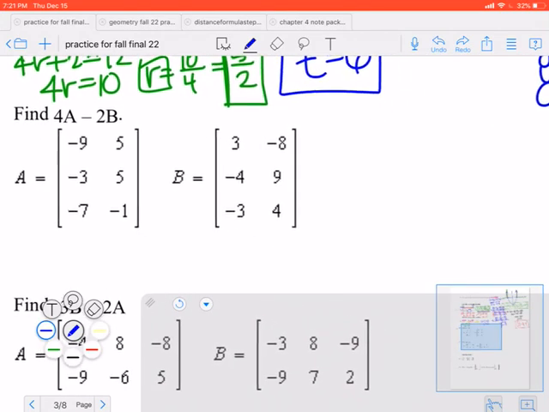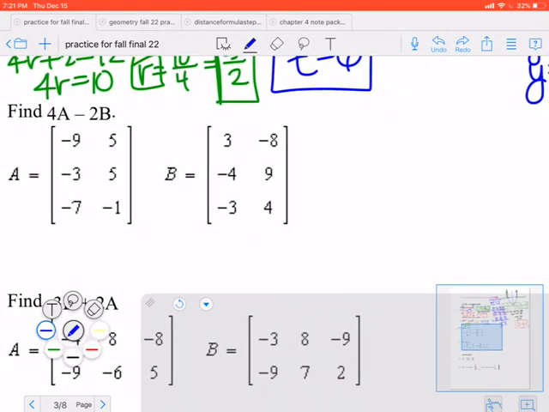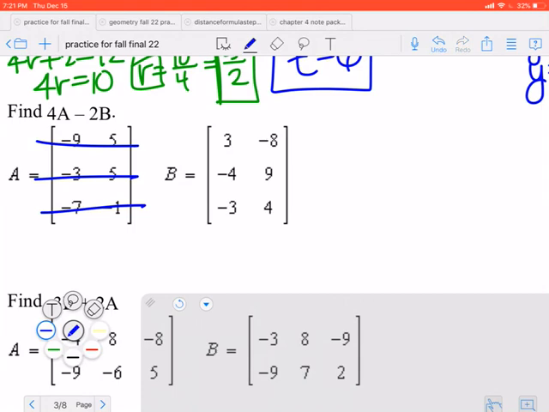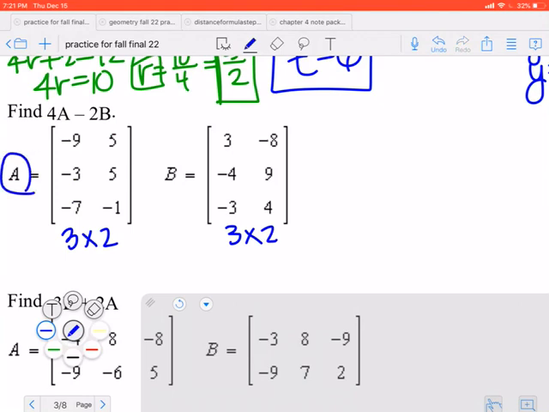So if you were using your calculator, you have to go in and tell the calculator what matrix A is. So under matrix A, this is a 3 by 2. It always goes row by column. So they're both 3 by 2s. And tell the calculator, make this one be A, make this matrix be B, and then you can type it in.